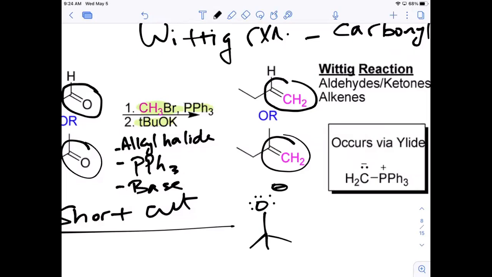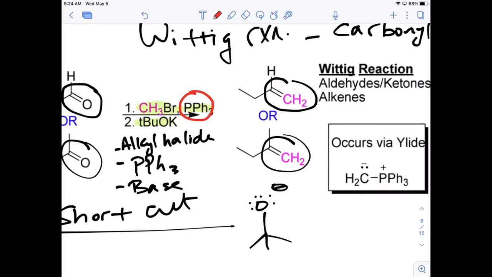So you want this to be looking for protons, not looking to react with other electrophiles. So you need those three things. When you see that set in the reaction mixture, that's a dead giveaway that it's going to be a Wittig reaction, if you have a carbonyl present.